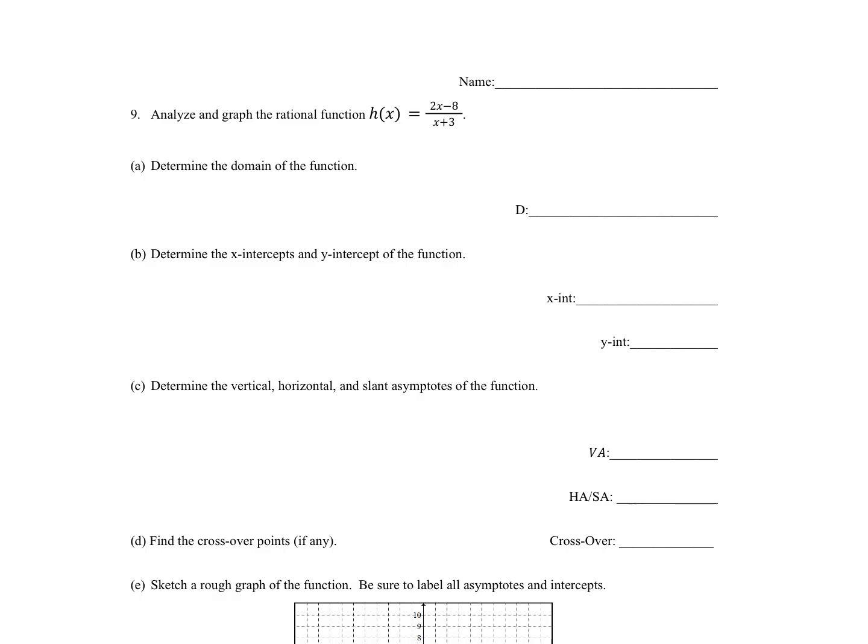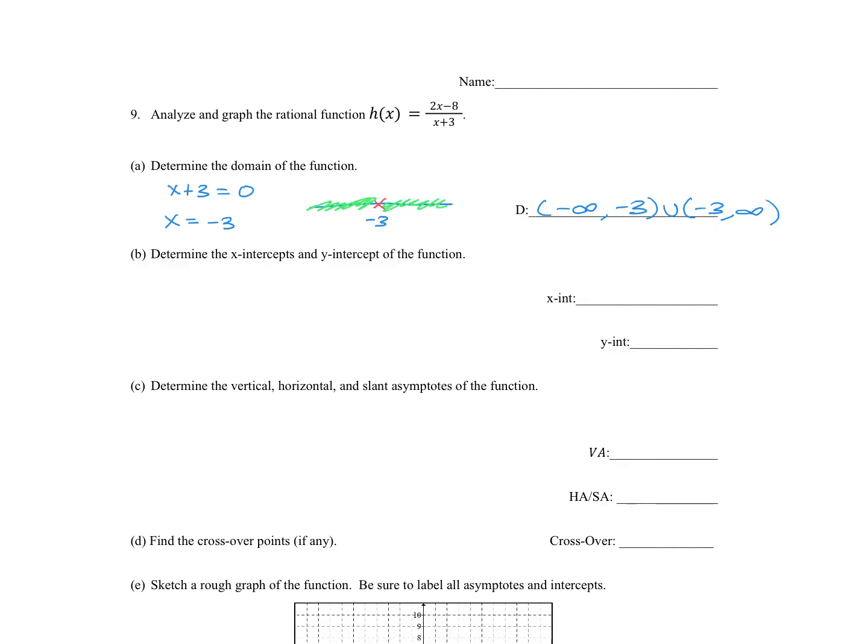Remember that comes from your denominator, so we're going to take the x plus 3, set that equal to 0, so x is negative 3. Remember again, negative 3 is your bad number. You do not want to include it, and everything else is good. So your domain is going to be from negative infinity to negative 3, union negative 3 to infinity.